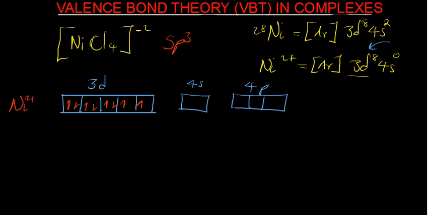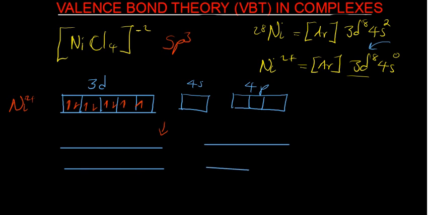So what we are going to form is, we still have our 3d, it hasn't changed, and then these 2 are going to come together. So we've got 1, 2, 3, 4, and 5.